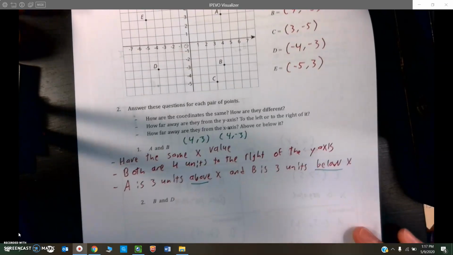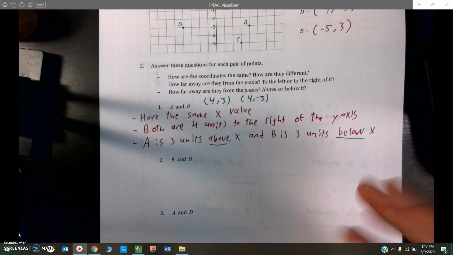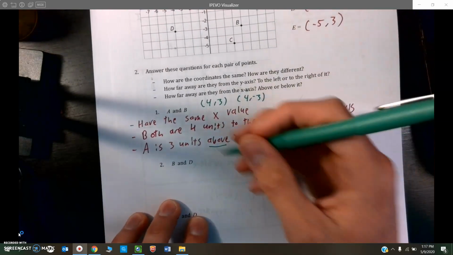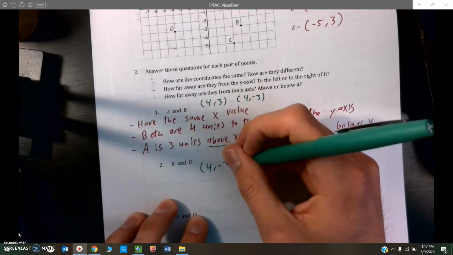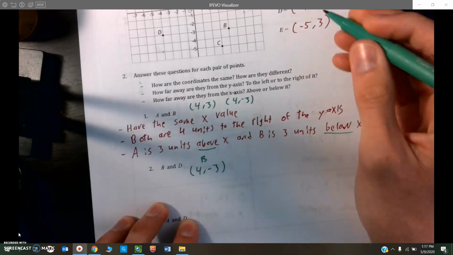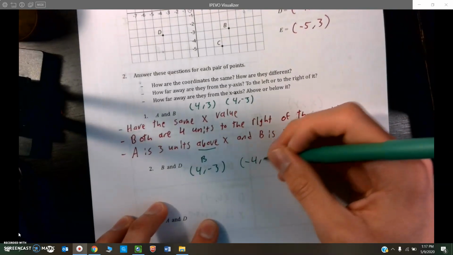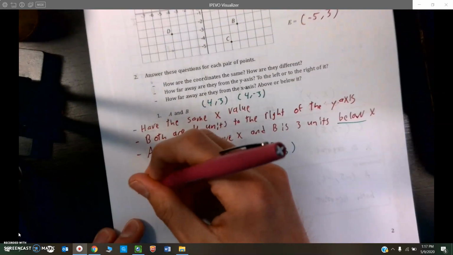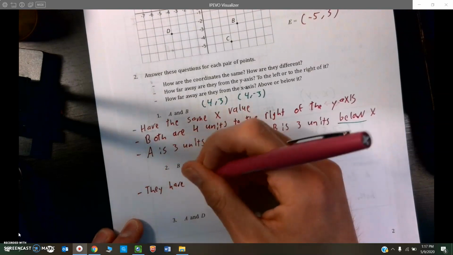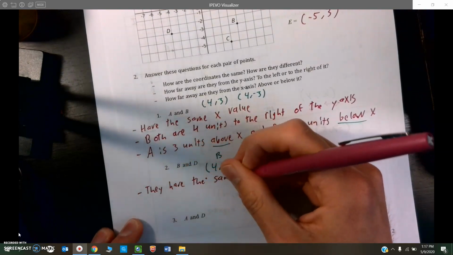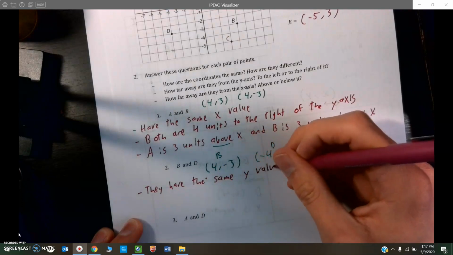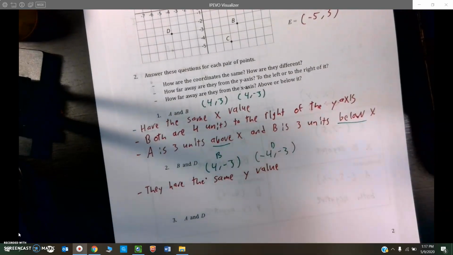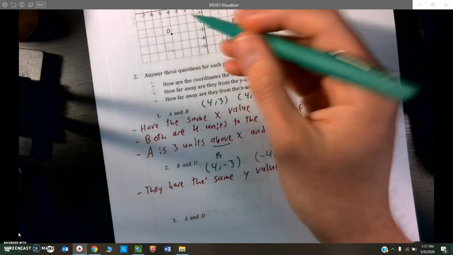All right, so now B and D. Once again, I'll start by writing them. B was at 4, -3. And D was at -4, -3. So they have the same y value, which is -3. And then how far away are they from the y-axis?